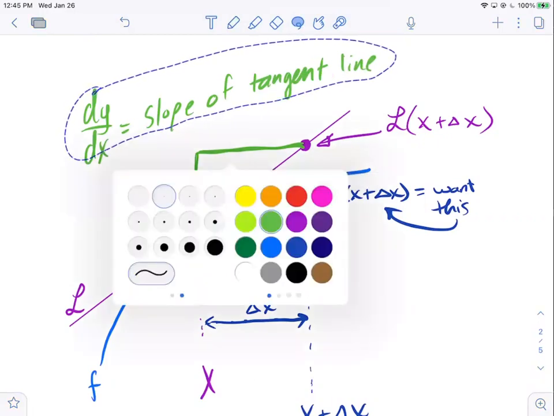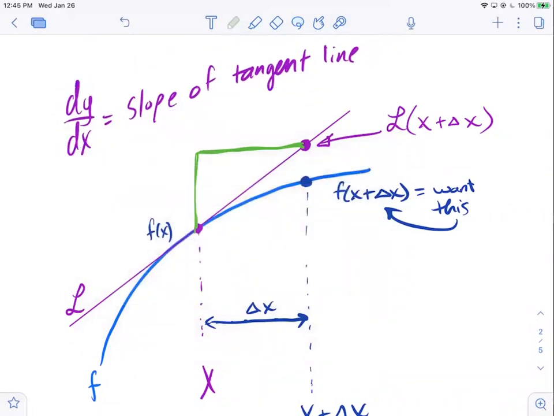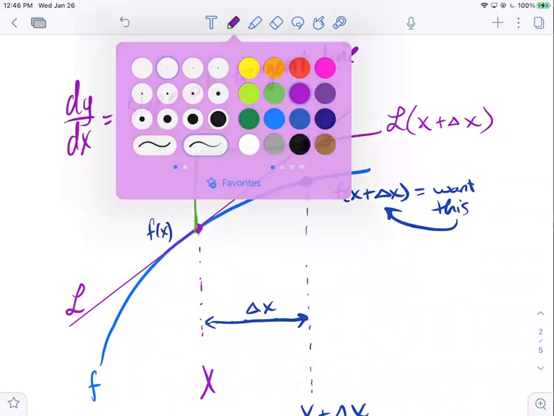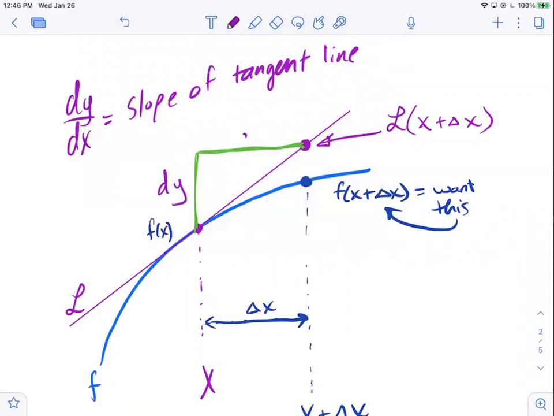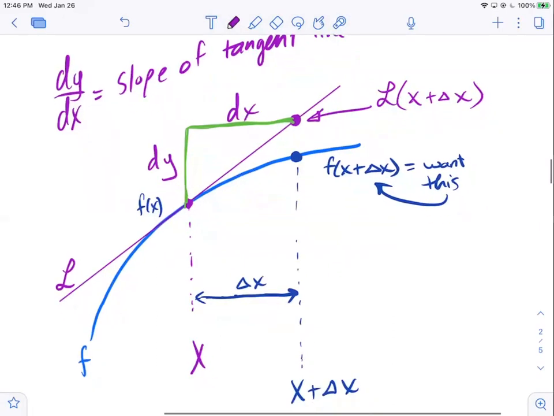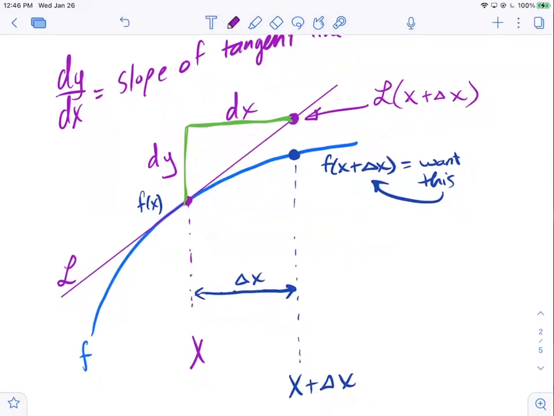I'm getting better. All right, there we go. We can call this dy, and we can call this dx, right? Rise over run. And therefore, we can actually let delta x, in this case, be the same as dx.